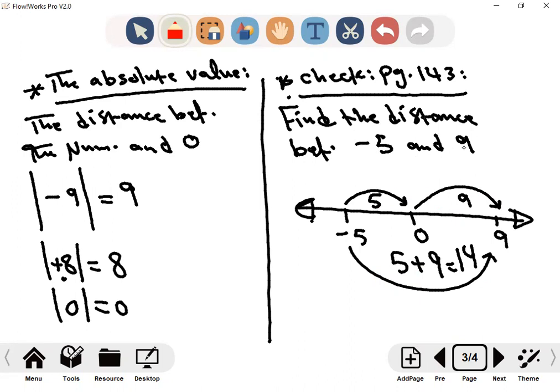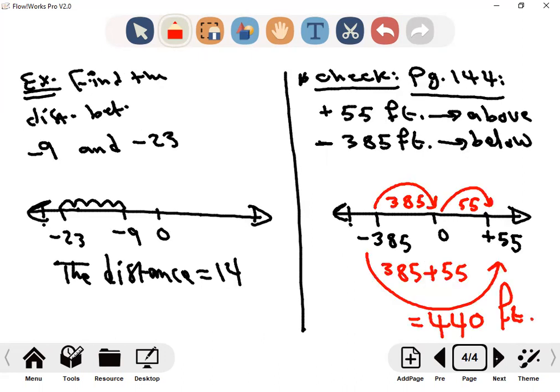Now we have -5 and +9. The zero is in between, right? How much is the distance between -5 and 0? 5. And from 0 to 9? 9. So we add them to find the whole distance between -5 and 9. Got it? Yes. Thank you. Welcome.